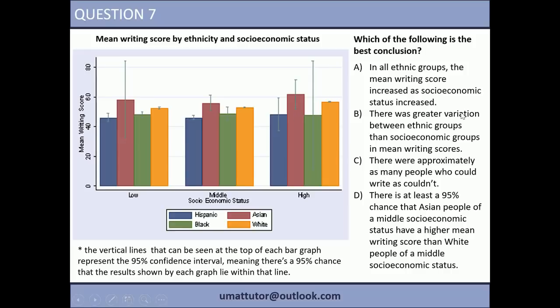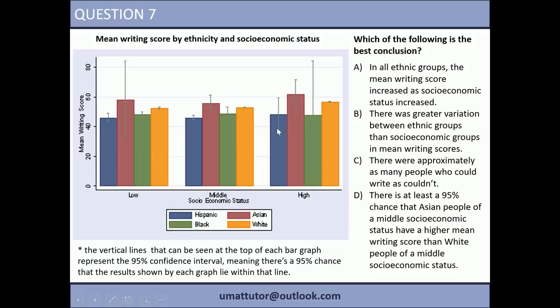With B, there was greater variation between ethnic groups than there was between socioeconomic groups in mean writing scores. So it doesn't sound like the greatest option initially because there's a lot going on and it's asking us to make a pretty big conclusion about whether the ethnicity or the socioeconomic status makes the bigger difference. But if we have a look at the graph here, and again, just track each ethnic group as we go across to have a look at that. The ethnic groups seem to remain pretty much the same.